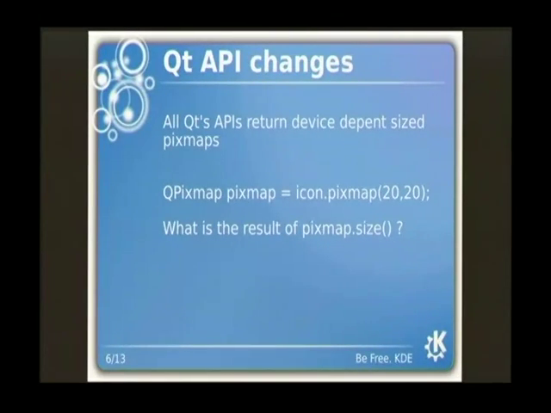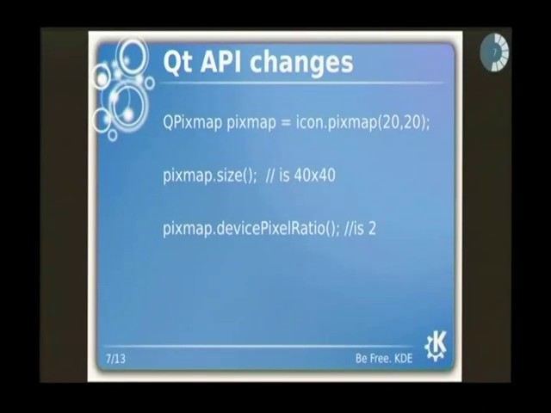What's it going to return? Well, it returns a pixmap which is sized 40 by 40. You request 20 by 20 device-independent pixels, and the pixmap you get is in device pixels, so it's 40 by 40. So you get this mismatch between what you request and the pixmap you get back.